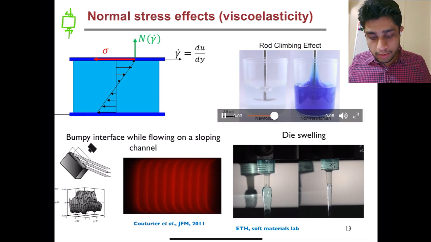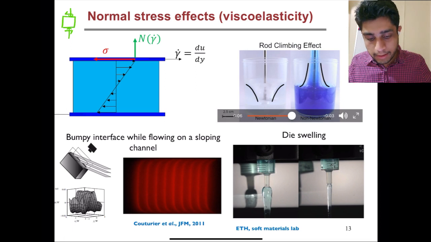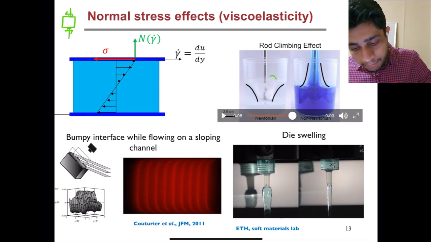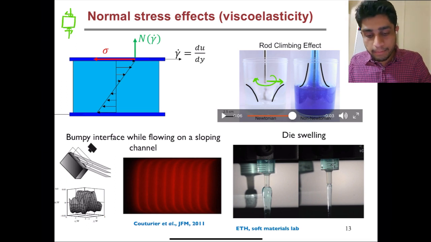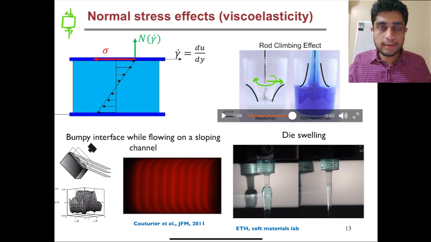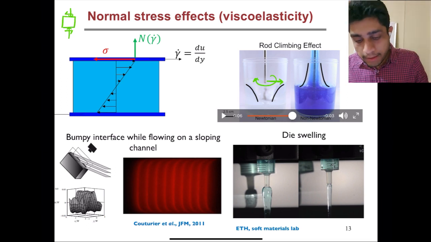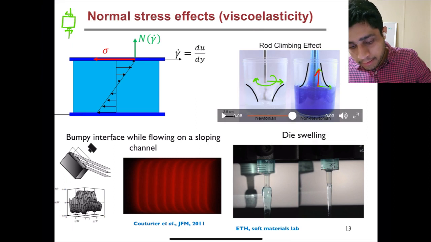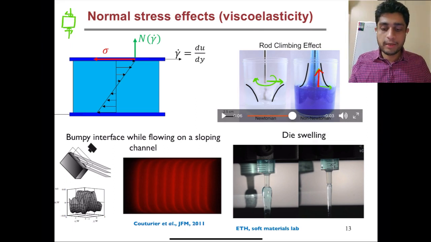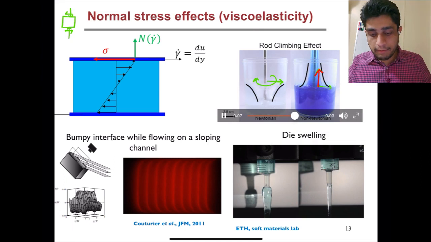So the left one is Newtonian fluid, right one is non-Newtonian fluid, and as you can see, if we rotate this rod, it results in a shear rate which is in the radial direction. But in a Newtonian fluid, that only results in a shear stress. But in a non-Newtonian fluid, in addition to the shear stress, it results in a normal stress as well, and that normal stress makes this non-Newtonian fluid climb up the rod, and that's known as the rod climbing effect.